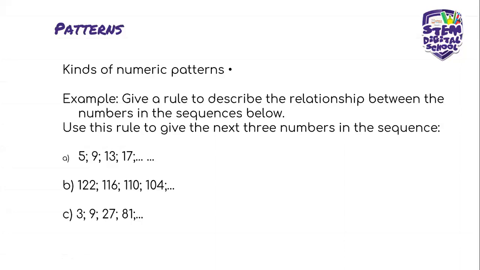You simply add 4, and once you add 4, you will be able to get the next 3 terms. So if I may ask, what then will be the next 3 terms if we have to expand this pattern? I'm talking about the first pattern in A, 5, 9, 13, and 17.